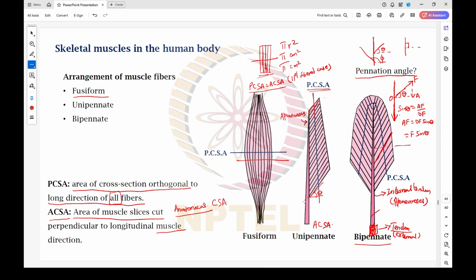The aponeurosis then connects to the external tendon. So this portion would be the external tendon. Whatever forces are generated by the muscle fibers are first transmitted to the aponeurosis, and then the aponeurosis transmits the forces into the external tendon.